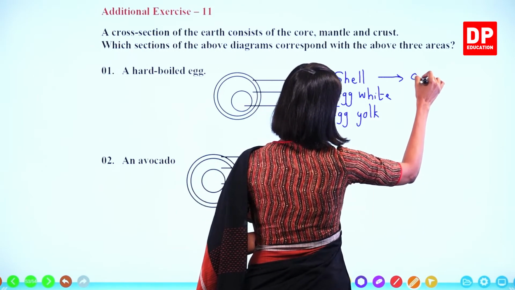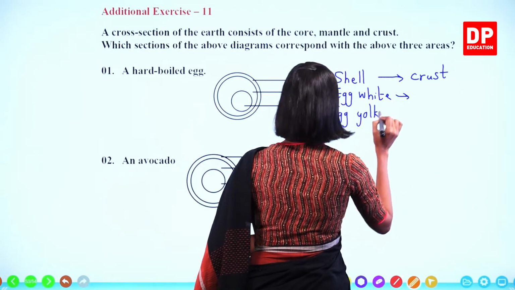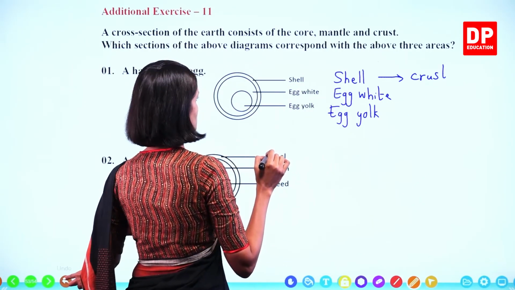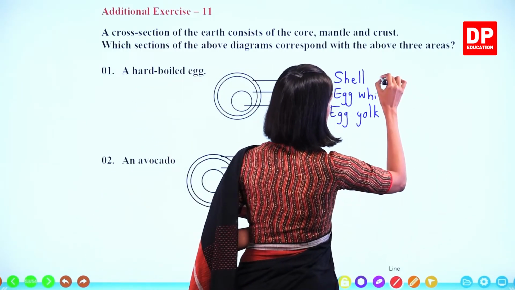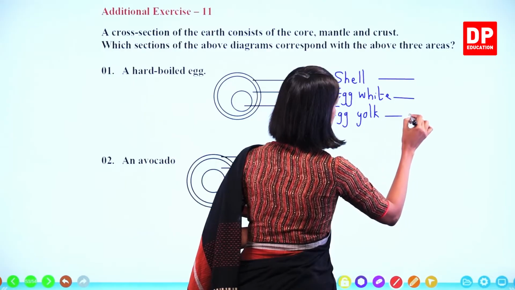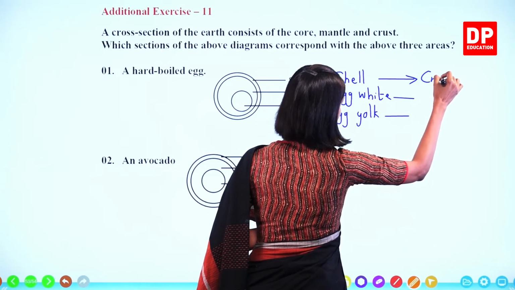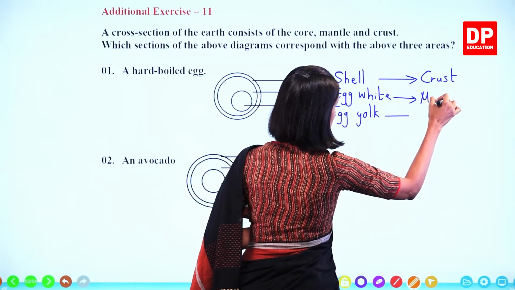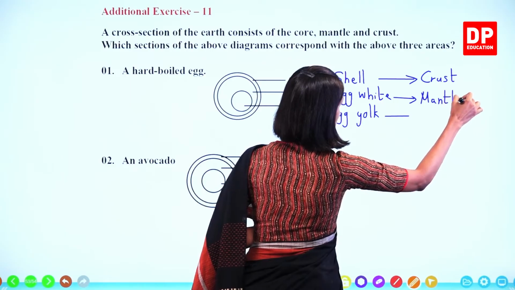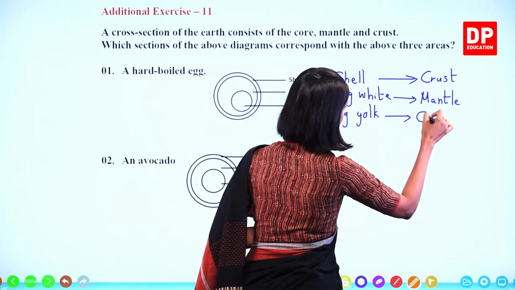Shell is the crust, egg white is the mantle, egg yolk is the innermost one, the core.